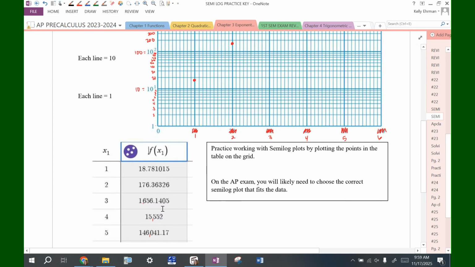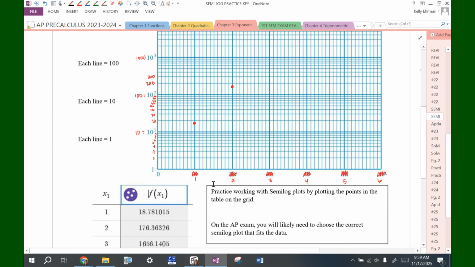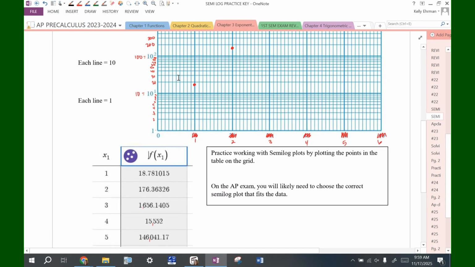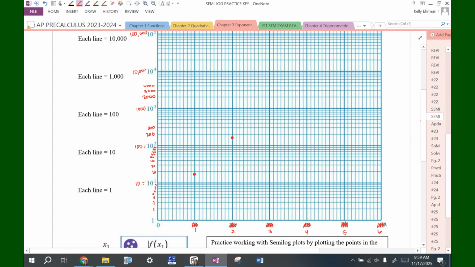All right, the next one is 1,656. So 1,600 is what I'm thinking. That's between 1,000 and 10,000. Now these count up by 1,000. So here's 2,000, 3,000, 4,000. So where does 1,600 fit in? Roughly here, right?